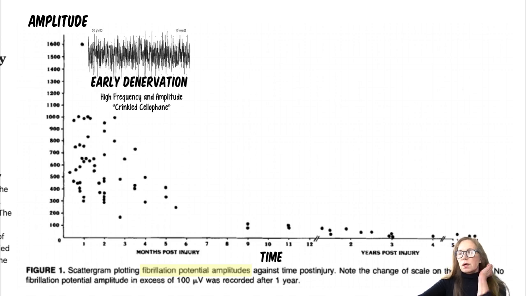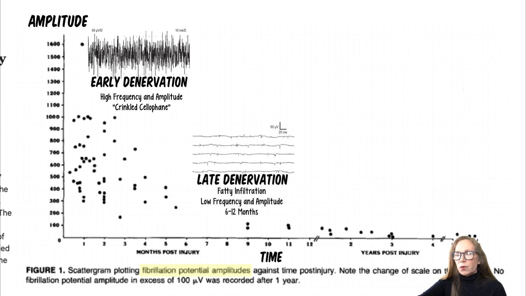Now you can also, when they're doing these studies, they can both see and hear the fibrillation potentials early on. If you're listening to it, it sounds like somebody's taking a cellophane bag and crinkling it. You can hear it. When you put the needle in, you can see the early increased insertional activity.